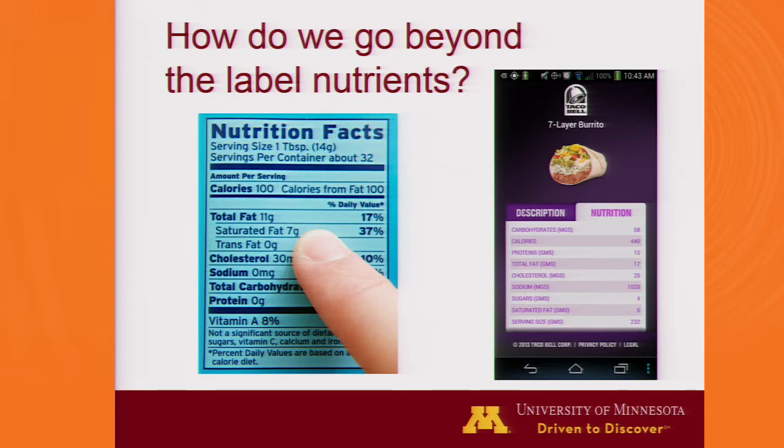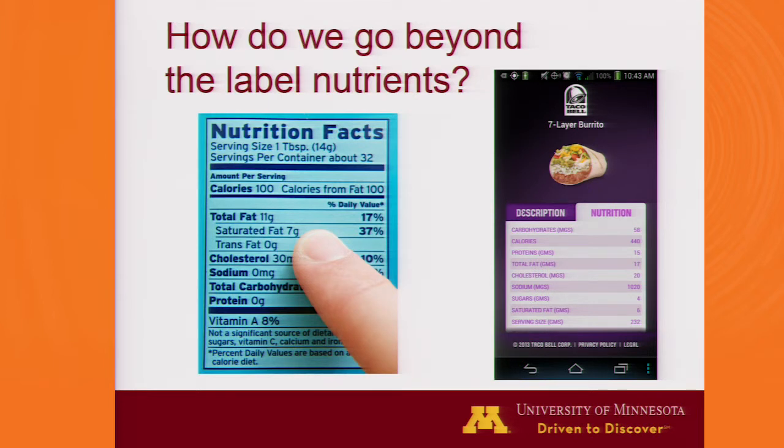Or we may calculate values from other components in the same food. For example, we want to know vitamin A, but we don't have vitamin A, but we have carotenoids. We can sometimes calculate some of those values.